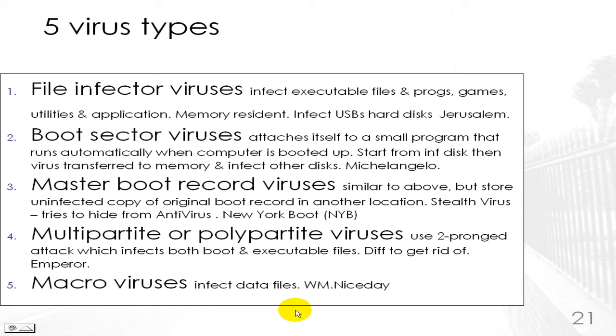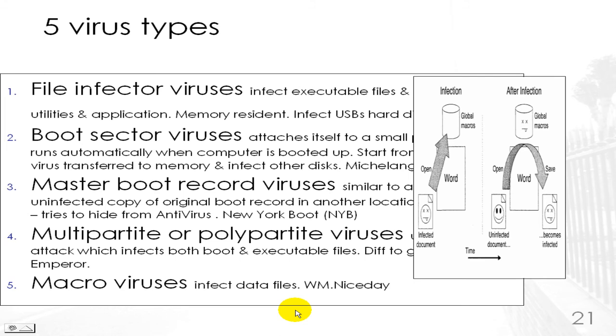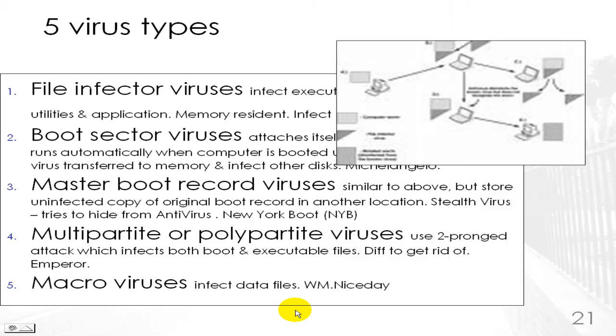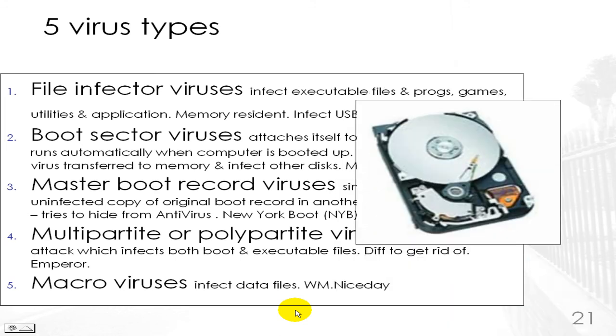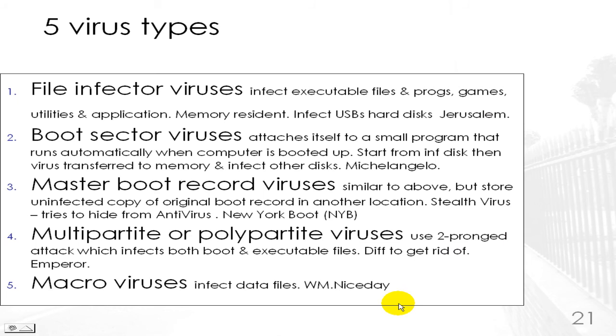The whole point of the virus is to attack your machine and take it over in some way. They want control of it. Either that or they're getting into your hard drive.